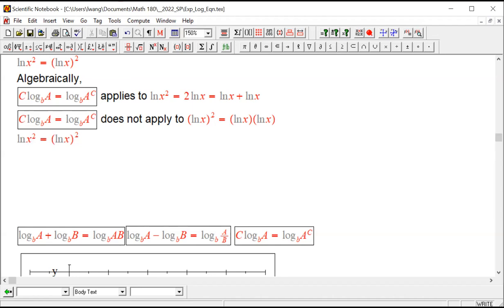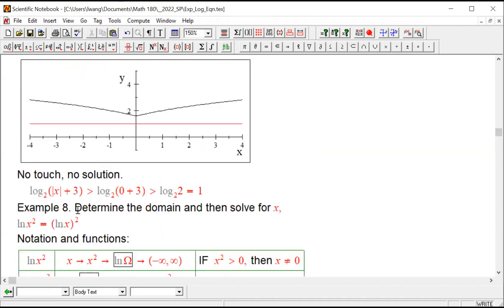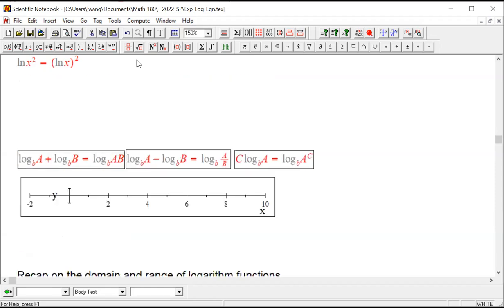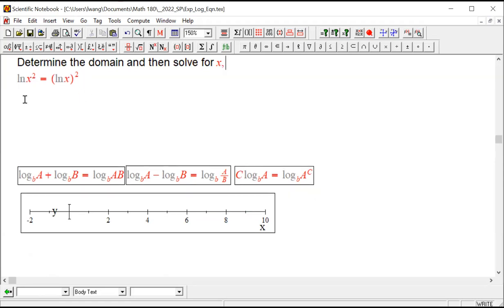This will be the typical approach: determine and solve these equations. Of course, we first determine the domain. When we determine the domain, we have to require this piece is larger than 0, and that piece, and x is larger than 0. So these and.